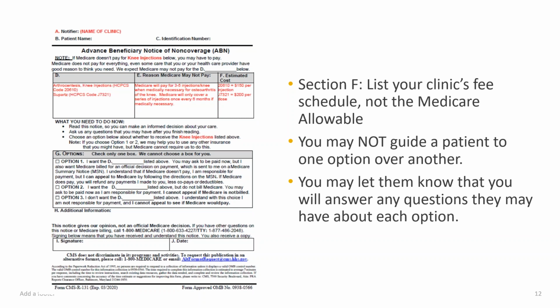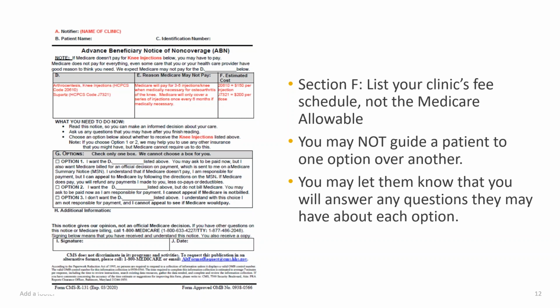You simply give them the ABN form, tell them to read through it, and let them know they need to make a choice. They might decide to take it home and bring it back. You reschedule their appointment if that's what you have to do. It very rarely happens, but if it's a significant enough procedure, they may want to think about it before they make an election, and that's fine.